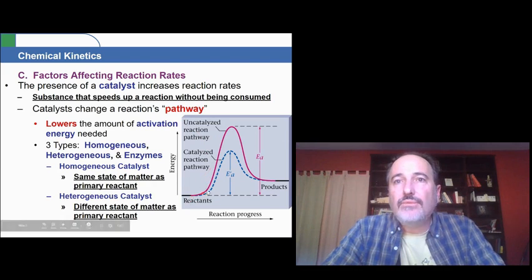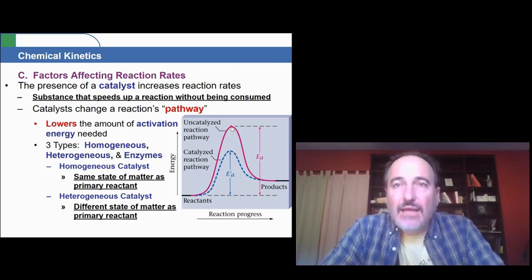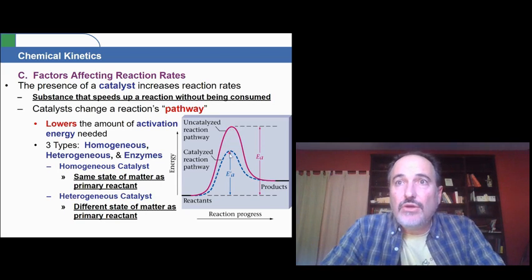Now, just so you know, as I said, catalysts change a reaction's pathway. Let's say the red represents the normal uncatalyzed reaction, which means that you need all the way up here this much energy in order for it to occur. Now, a catalyzed reaction, if you notice, still starts off at exactly the same energy for the reactants and exactly the same energy for the products.